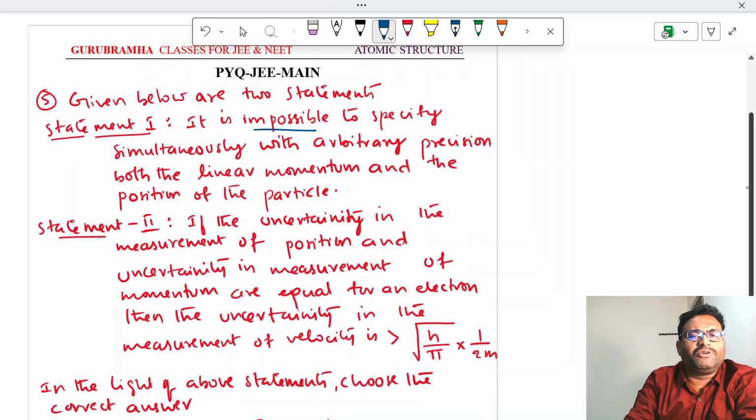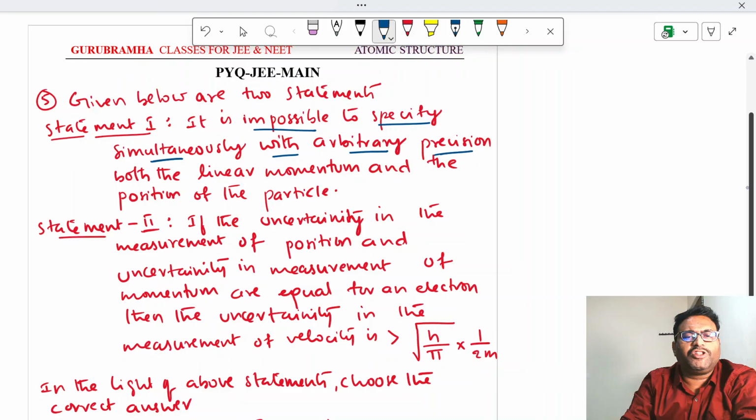It is impossible to specify simultaneously, with arbitrary precision, with more accuracy, both linear momentum and the position of the particle. That is what the Heisenberg uncertainty principle is.